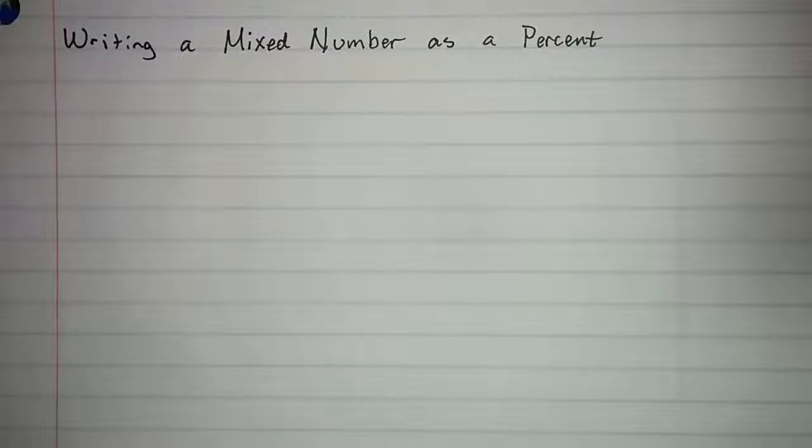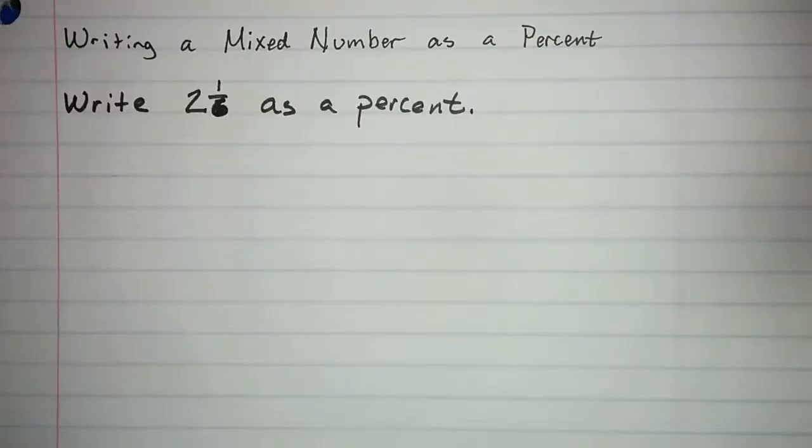There's one last situation we can encounter. We might be given a number in the form of a mixed number and want to write it as a percent. When we encounter this situation, write 2 1/6 as a percent, we have two options.